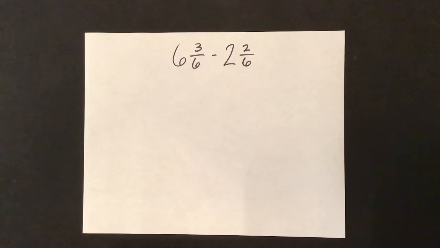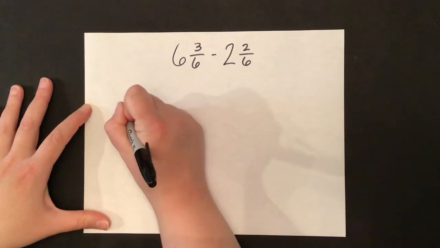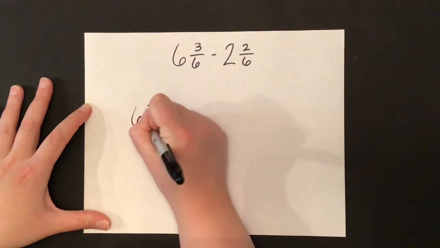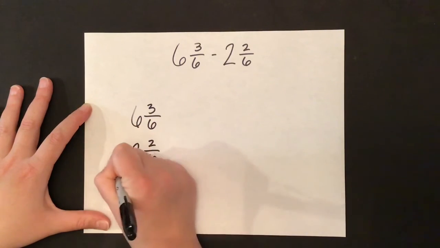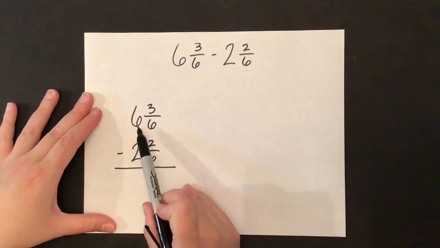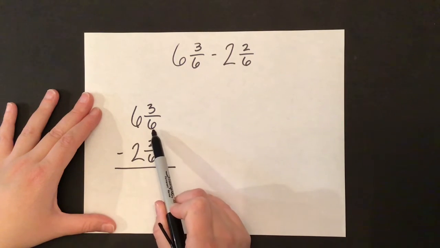So here's a new problem. 6 3/6 take away 2 2/6. Is there a way we could draw a picture instead of using our fraction bars? This time I'll write the problem over here so I have room to draw my picture. So for this problem, we'll want to go ahead and draw 6 wholes and then 3/6.